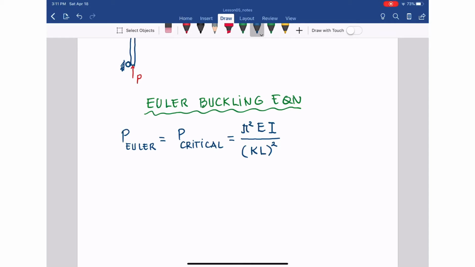So that is the Euler buckling equation, pi squared E I over K L squared. And what is L? Basically that is the geometric length of the column. K we call the effective length factor.